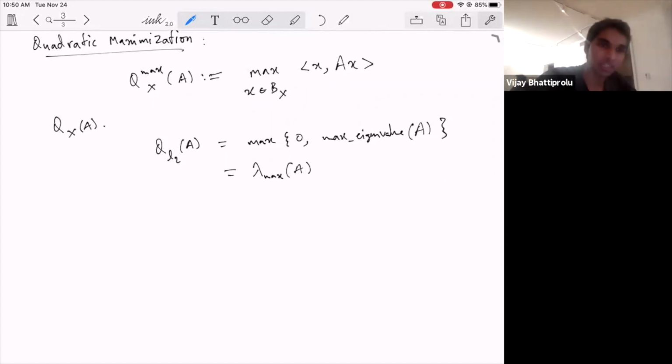And I said quadratic maximization is more general. It's more general in the following sense.